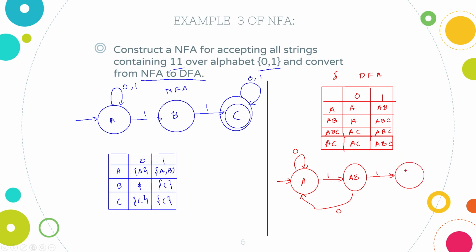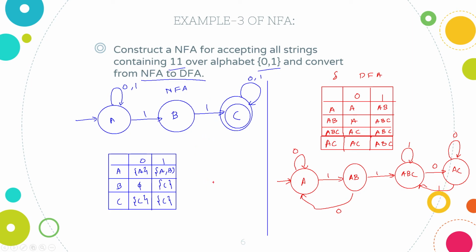In state ABC, you get input 0, you go to state AC, and you get an input of 1, you are still in state ABC. Now in state AC, you get an input of 0, you are still in state AC, but you get an input of 1, you go to state ABC. Alright, so this is the DFA that we have drawn.